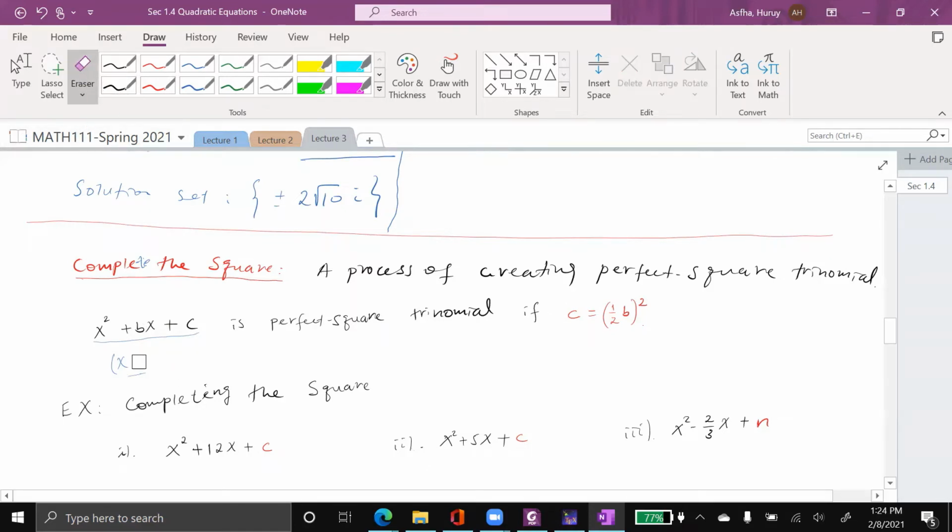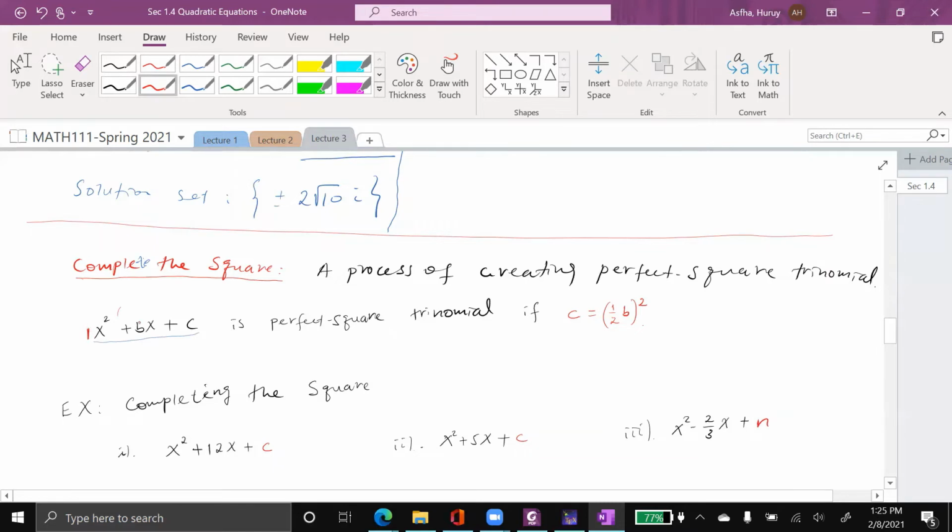Okay. Now, if you have this expression, x squared plus bx plus c, and in order for this one to be a perfect square trinomial, there is one thing. The coefficient of the first term has to be 1. That's what we're talking about, when the coefficient of x squared is 1. If it's different than 1, then we have to simplify it so that it becomes 1.